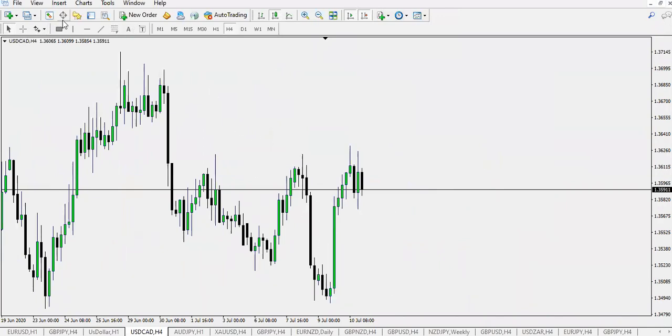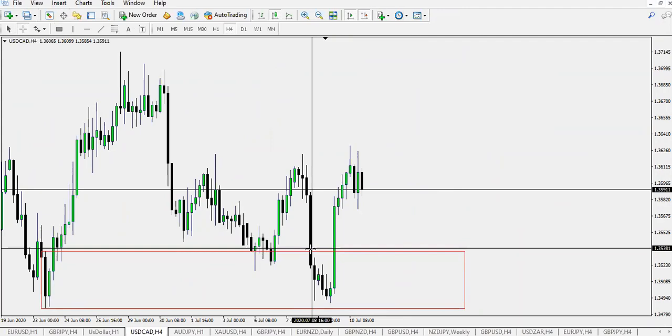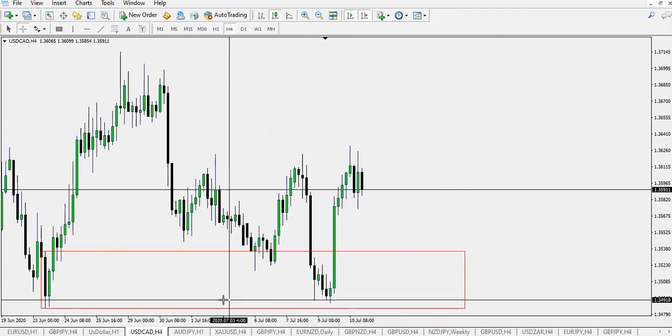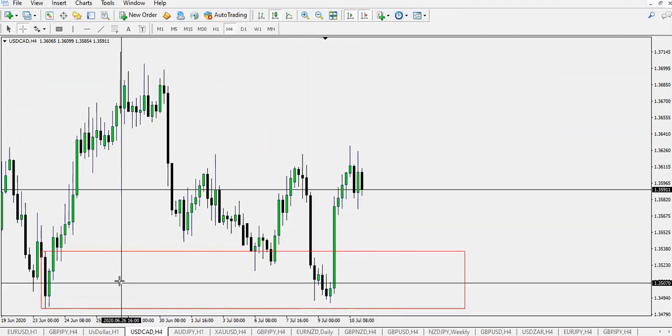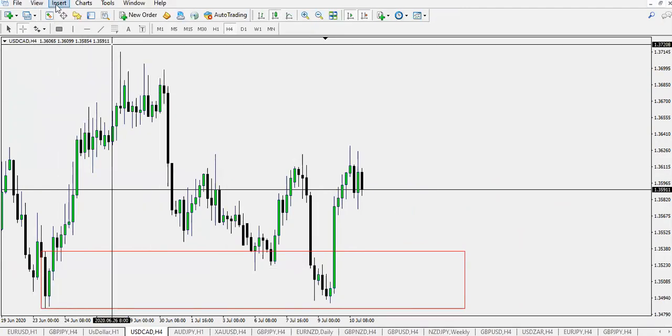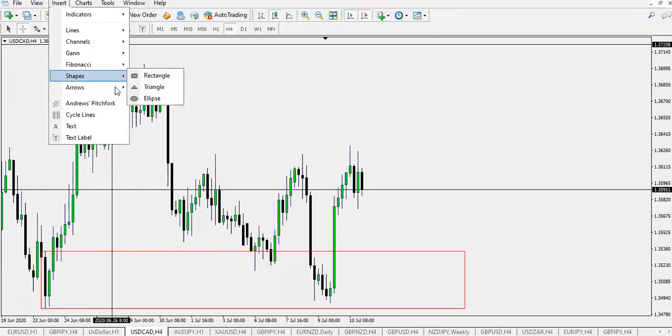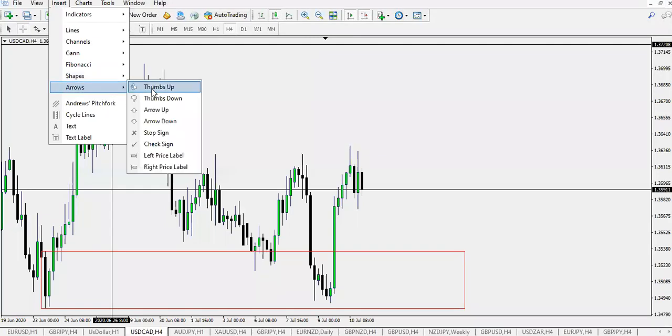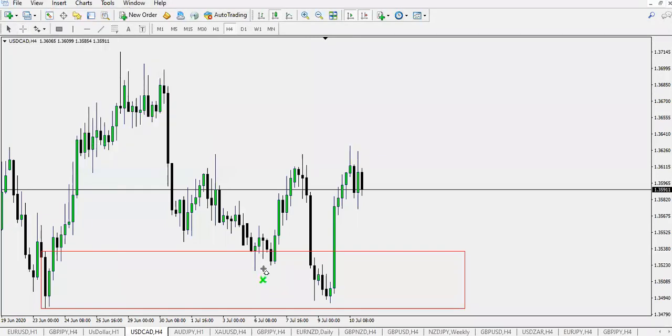So if we look, this over here is a strong bullish order block. When price came into this order block, price bounced off of it, and also there was short-term liquidity sitting below these lows over here.